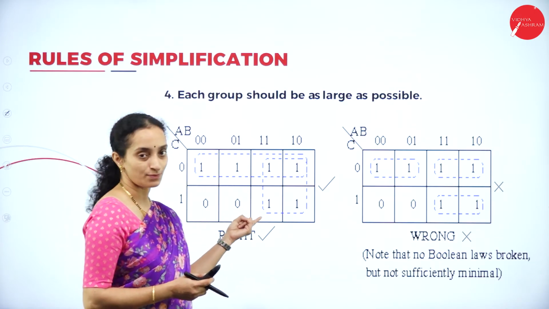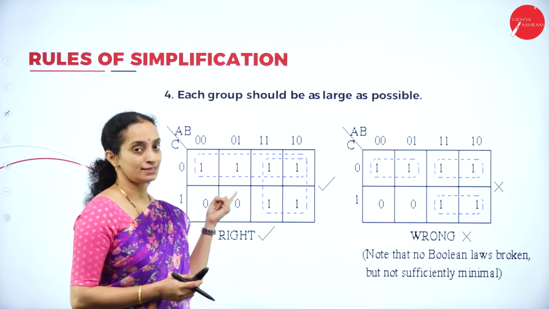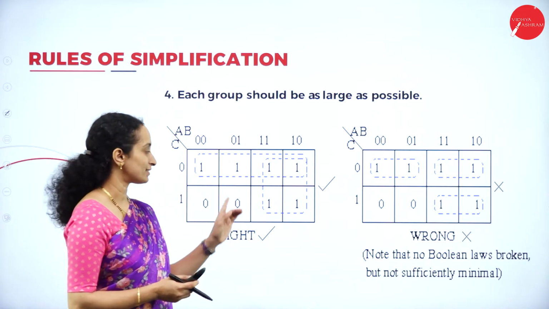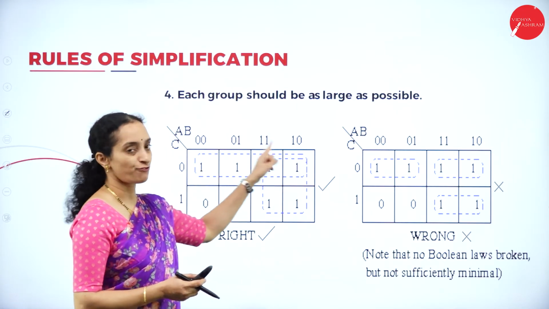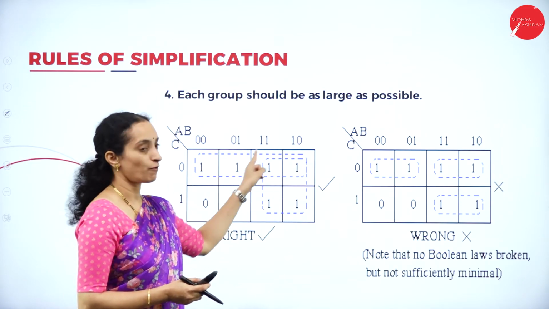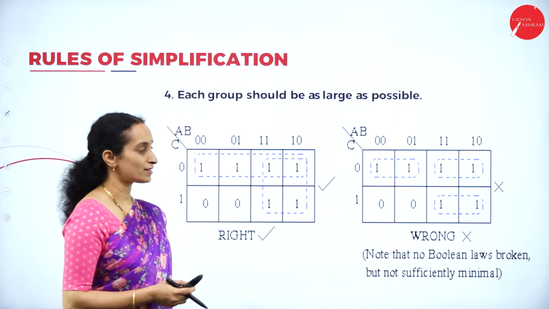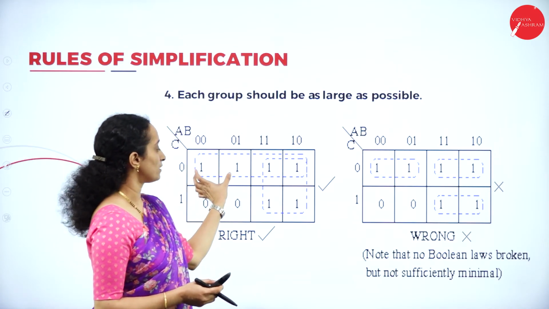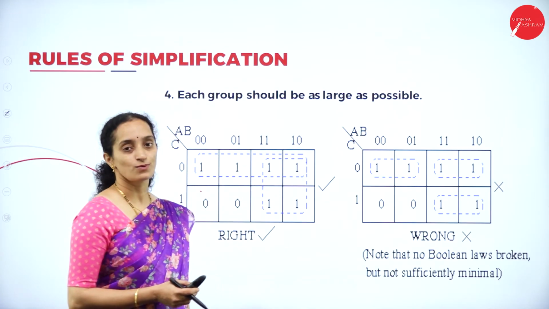Since you have 6 ones, if you think that 6 ones you can make a group, it cannot happen like that. You can make the group of 4 or group of 4 like this. All right, should be as large as possible. You cannot make this 2, this 2, this 2 like this.